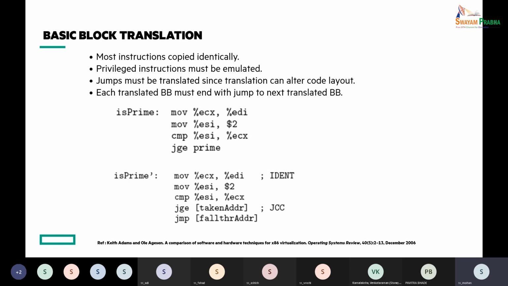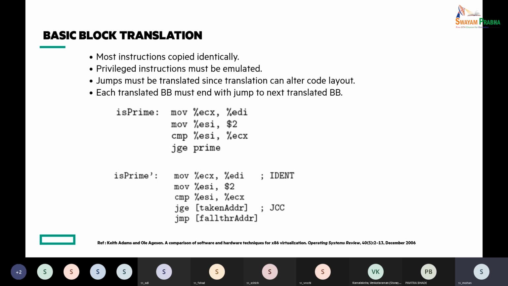If you see the two blocks here, they've taken the first block, and it's identically translated. And then at the end, when you have the jump, they have to make sure that they can't really jump to the same location, because it's an address which is not at the same location. So they have to jump back to the binary decoder.